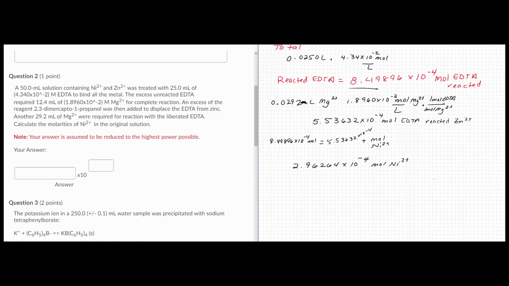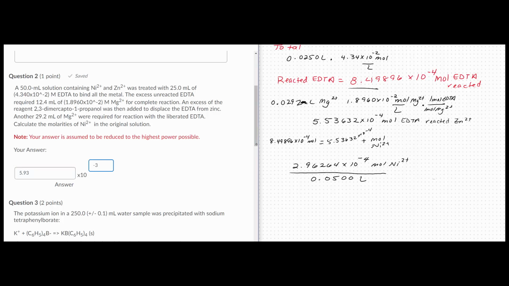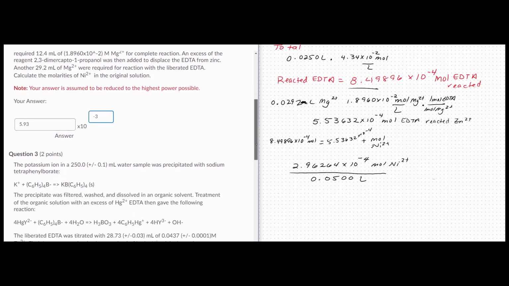The question asked for the molarity, so I need to divide these moles by the liters of the original solution, 0.050 liters. And I get 5.93, and that's times 10 to the negative 3 molar.